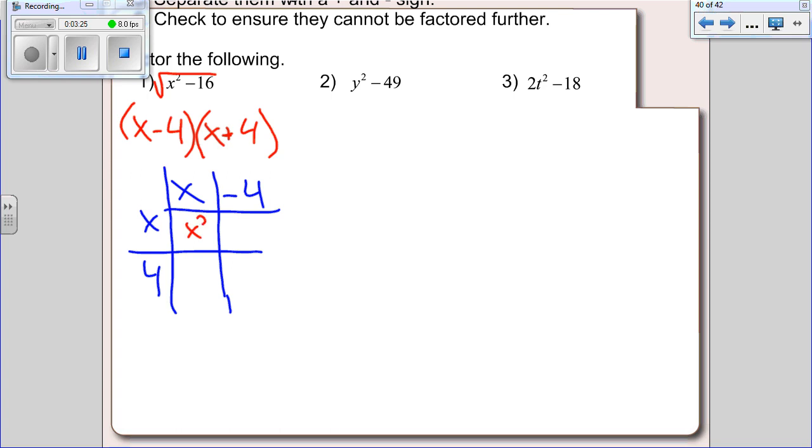X and negative 4 would be negative 4x. X and positive 4 would be positive 4x. And negative 4 times 4 would be negative 16. Because these are opposite symbols but the same thing, you always end up with two terms that cancel each other out. Negative 4x plus 4x leaves you with x squared minus 16.